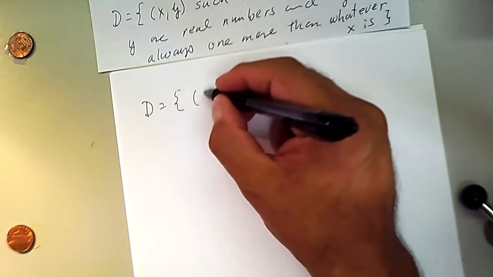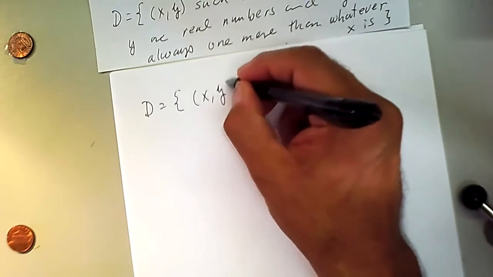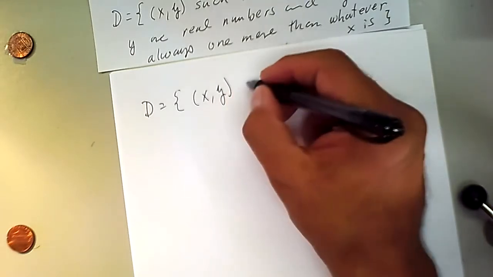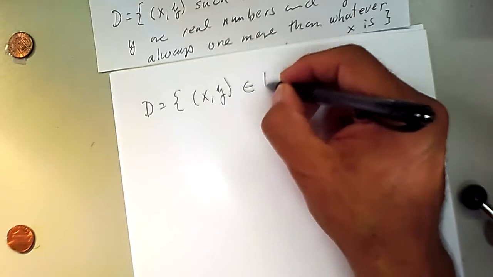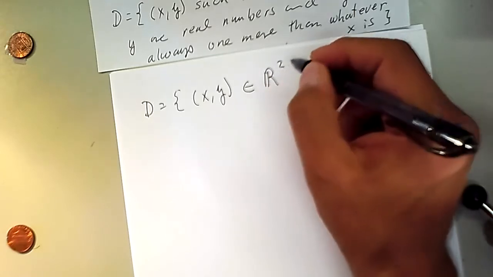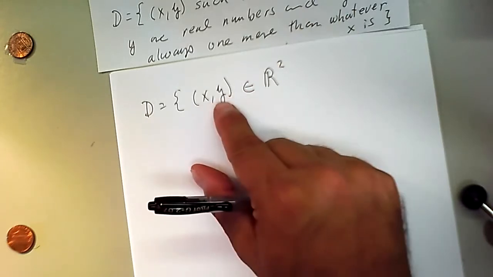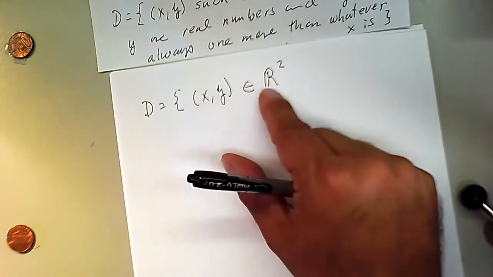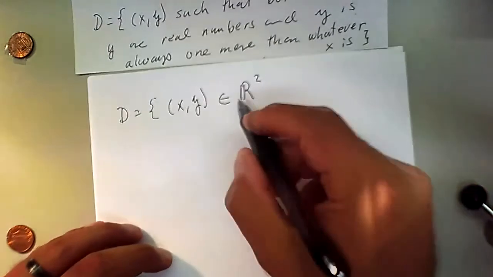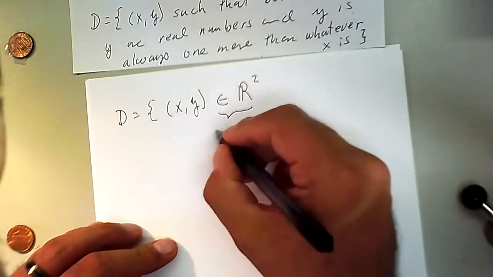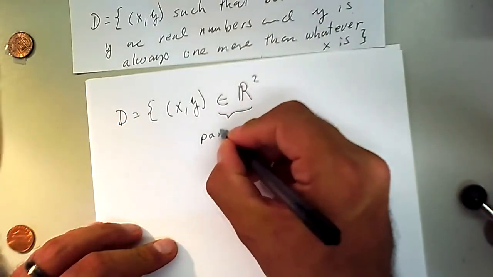So x, y, we use this symbol, the real number squared. So all this essentially means all the pairs of real numbers. So translate this into pairs.